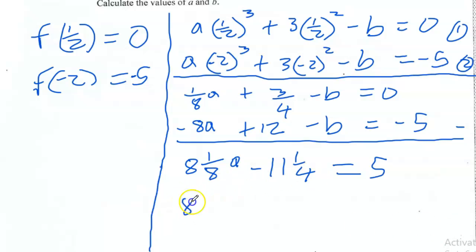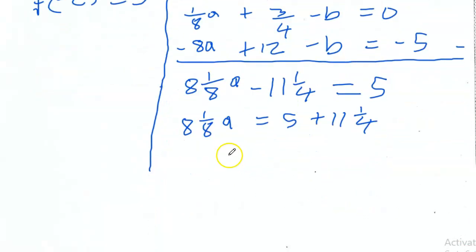So now we can solve for a. So 8 and 1/8a equal to, bring over that, we have 5 plus 11 1/4. So 8 and 1/8a is equal to 16 1/4.